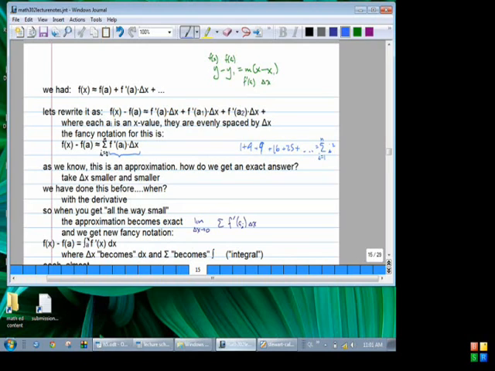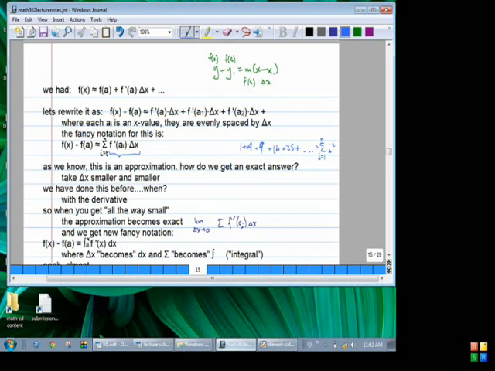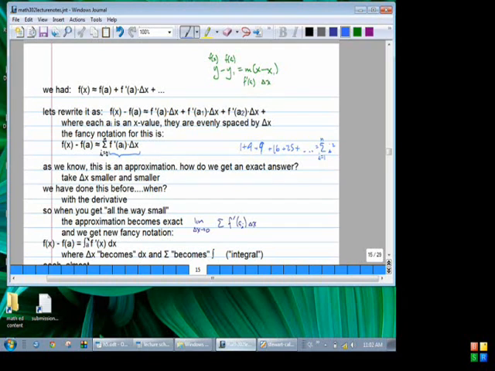So that's actually the origin of these symbols. Sigma is a Greek capital S, and it stands for sum. The integral symbol actually started out as an S for sum, and over time it got stretched out. So it was always intended to be understood as a sum.